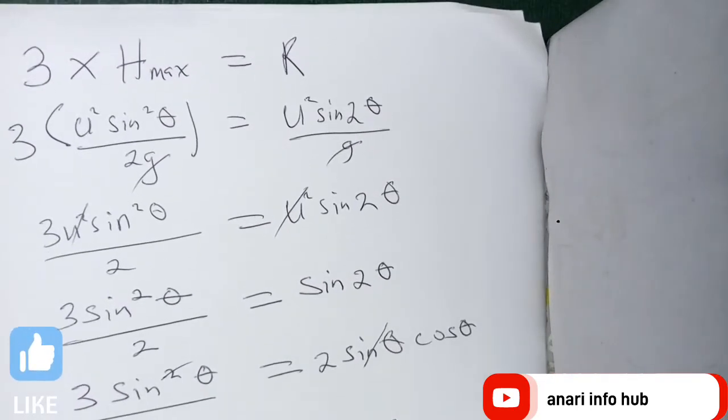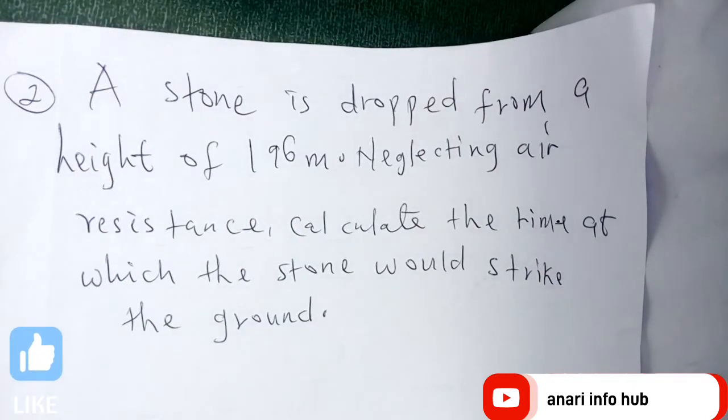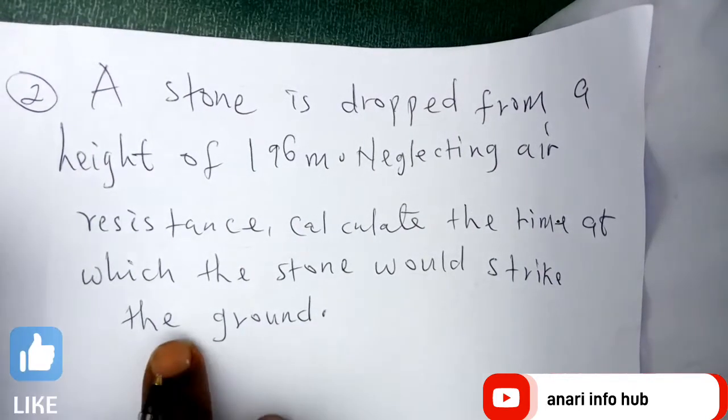Okay, thank you. The question says a stone is dropped from a height of 196 meters. Neglecting air resistance, calculate the time at which the stone will strike the ground. So let's solve this one also.